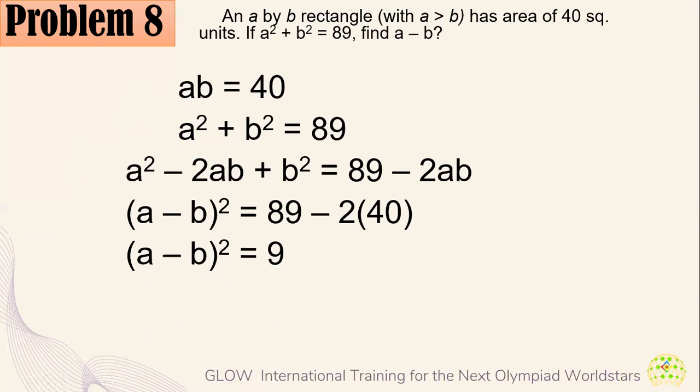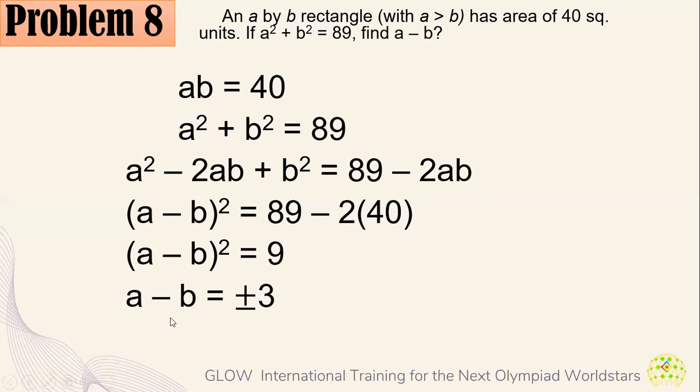And if you will get the square root of both sides of the equation, then you will arrive at a minus b equals plus minus 3. You took the square root of both sides, but we have to place plus minus before 3.